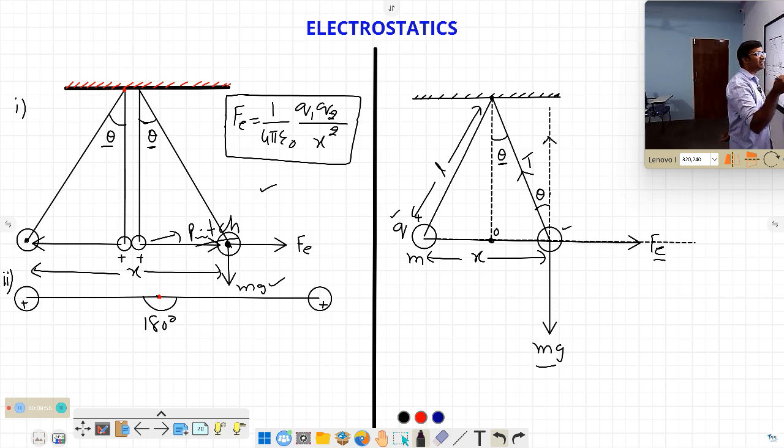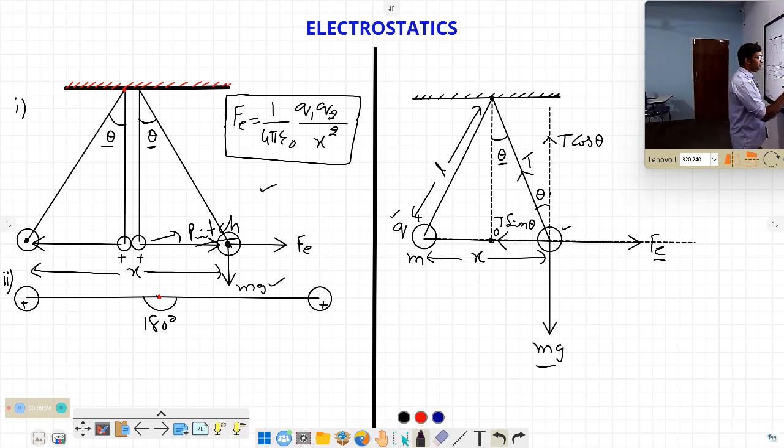If you resolve T into components, on the theta side you always get cos, so T cos theta is one component, and the second component, in this direction, is T sin theta. Now at equilibrium, we need horizontal equilibrium and vertical equilibrium.